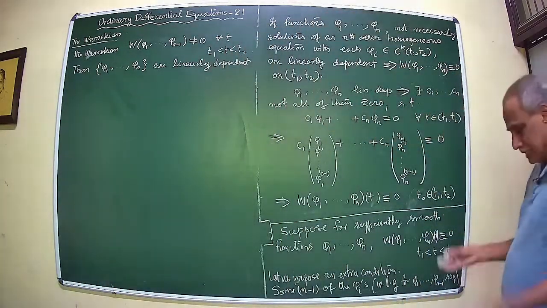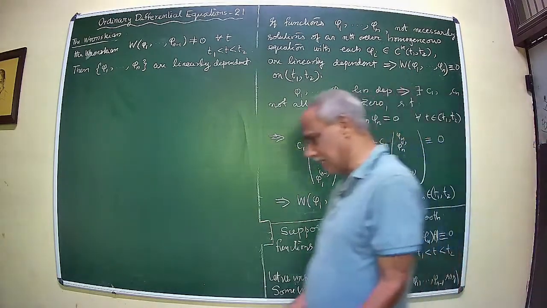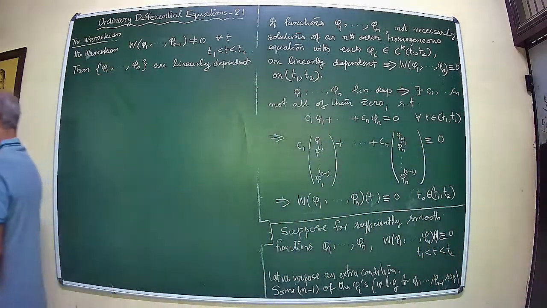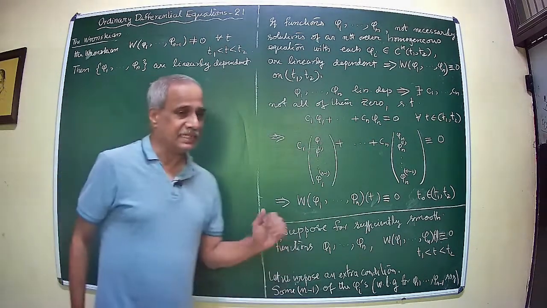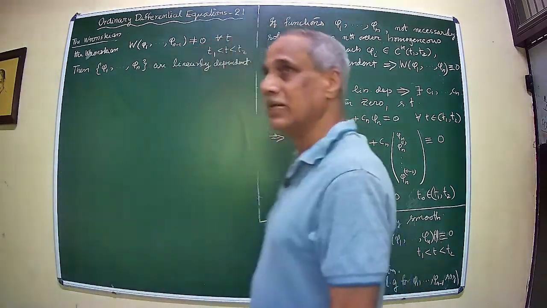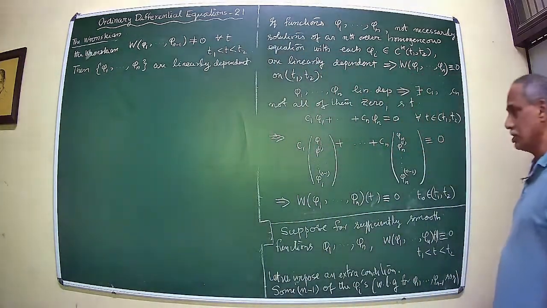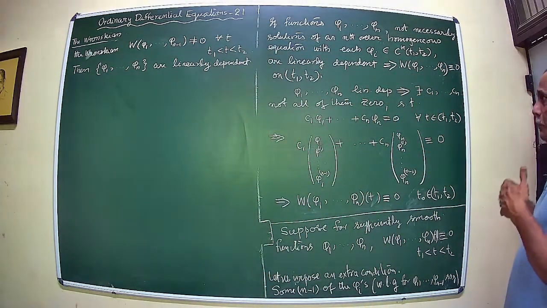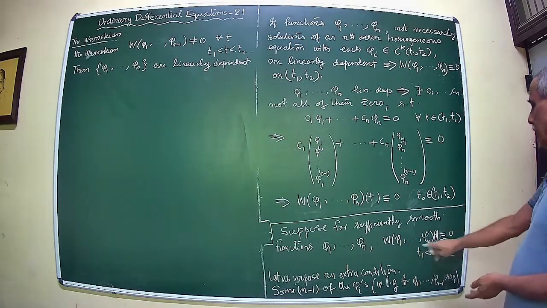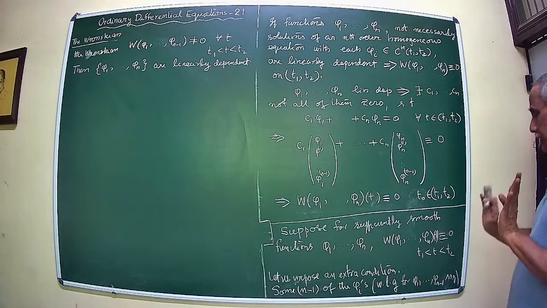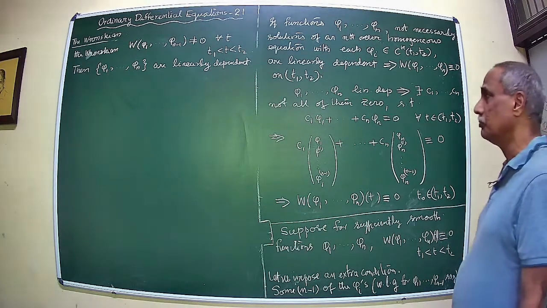And we have seen an example where the functions are linearly independent, but still the Wronskian is equal to 0. Now we are going to strengthen this result. Suppose we assume that the Wronskian of phi 1, phi 2, phi n is identically equal to 0.